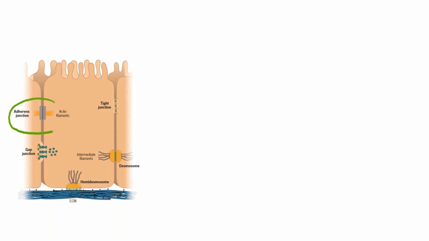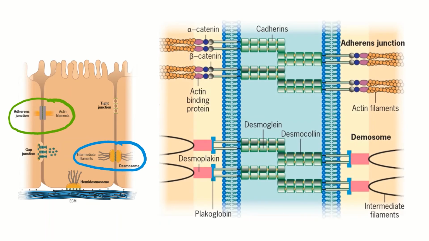So let's first focus on the adherens junction and the desmosome. You can see here that the cadherins are actually the ones that are involved in the recognition and in the adherence between two cells in the adherens junction. Okay?